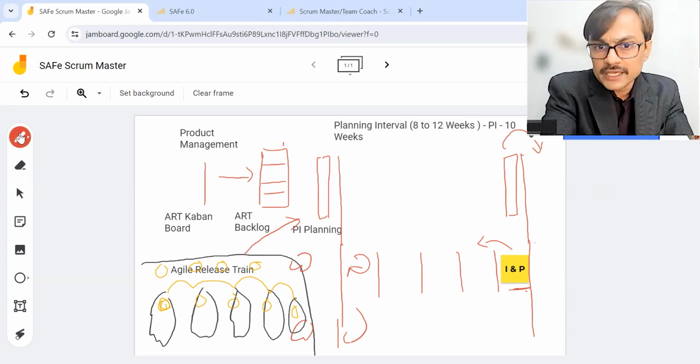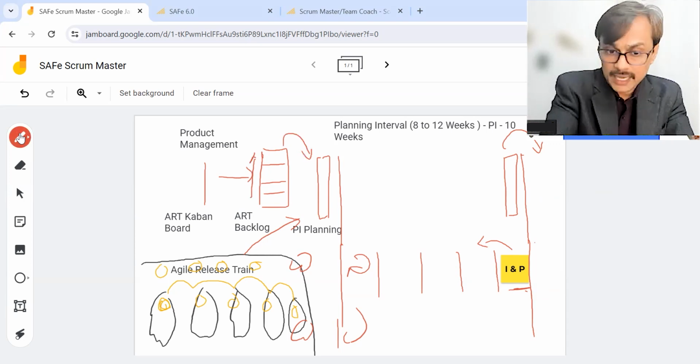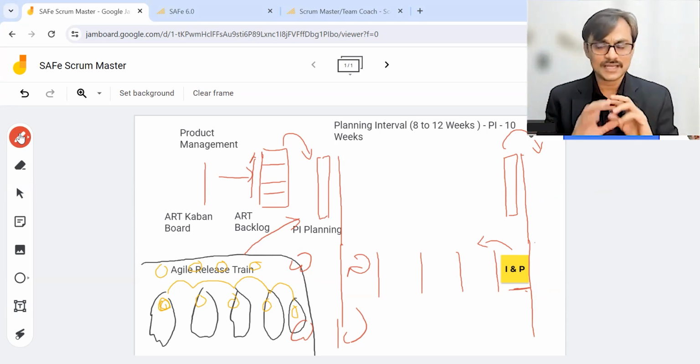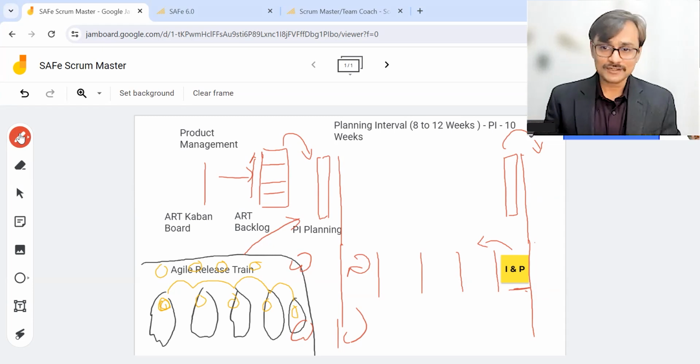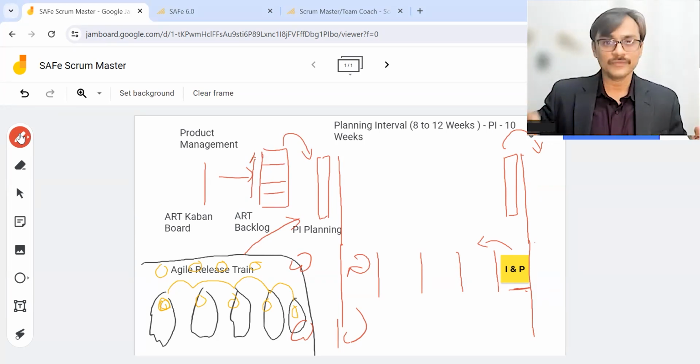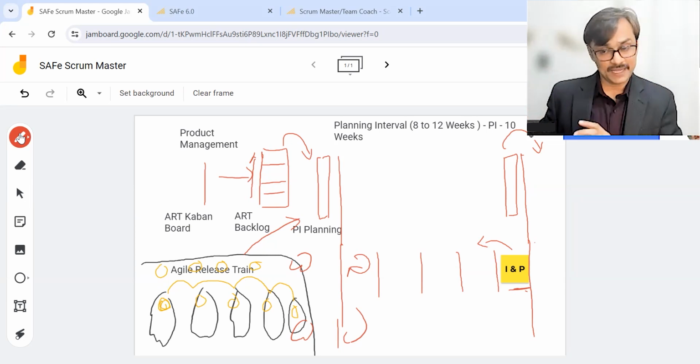This goes as an input to the PI planning meeting so that teams can plan the work as one big family for the upcoming PI. So this is a super high-level explanation before I start on the role of a Scrum Master. You get that there is a big backlog, which is the ART backlog, and something called the PI planning meeting.